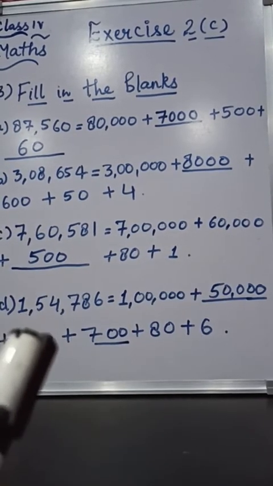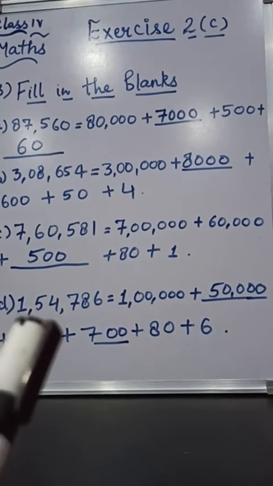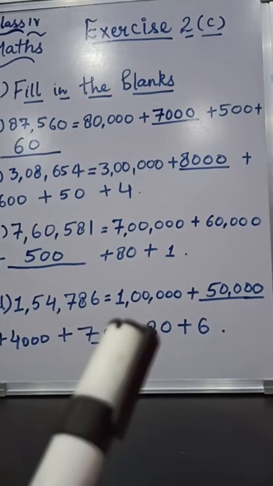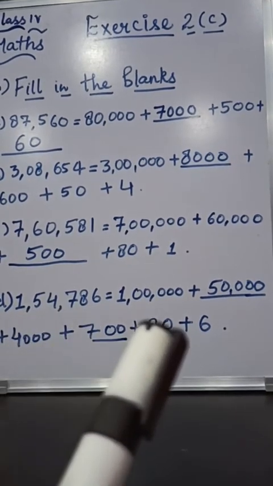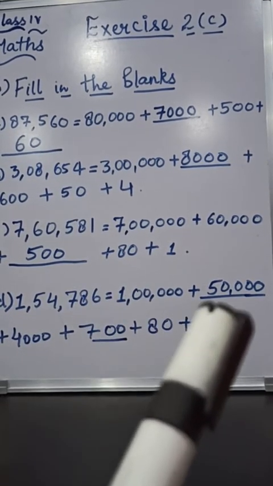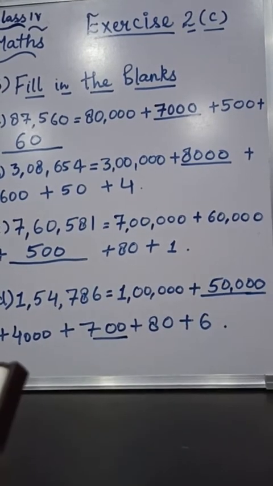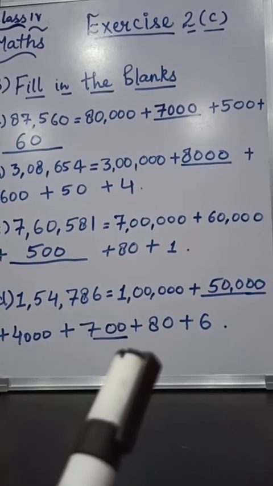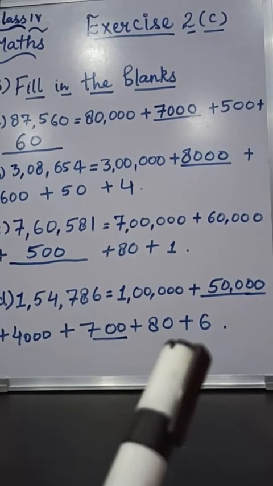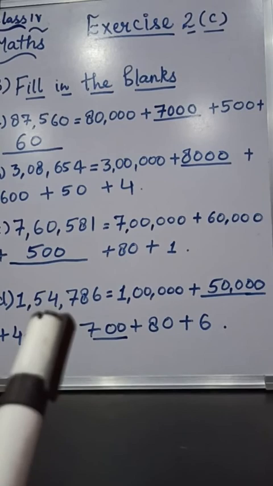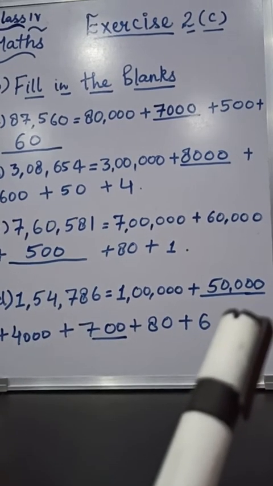Question D is 1,54,786. So the expanded form is 1 lakh plus a blank plus 4,000 plus a blank plus 80 plus 6. So 1 lakh plus what will come here? 50,000.